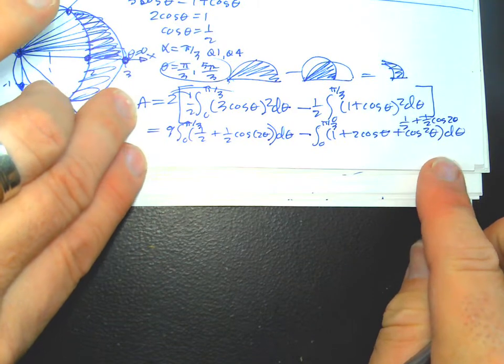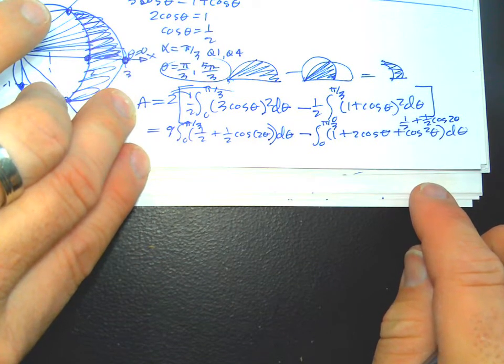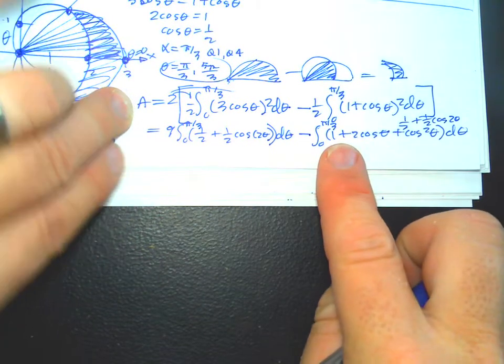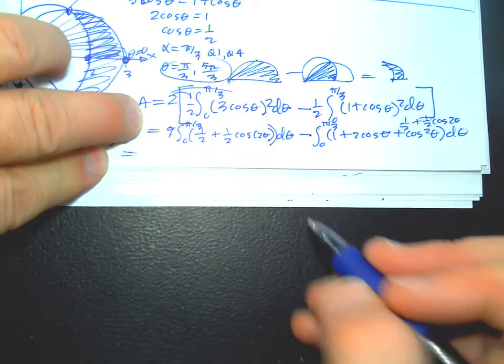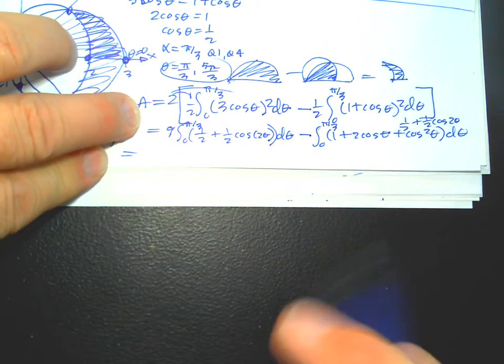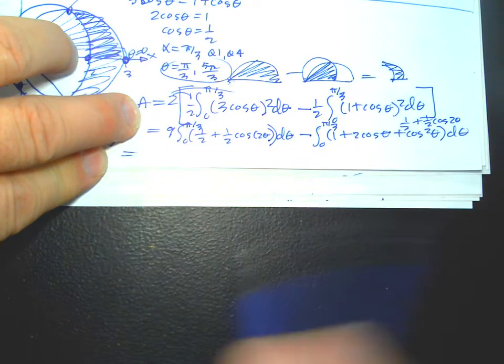One thing we could do is combine this all into a single integral. It might make future steps a little less messy. They have the same limits, and we see a lot of the same terms.